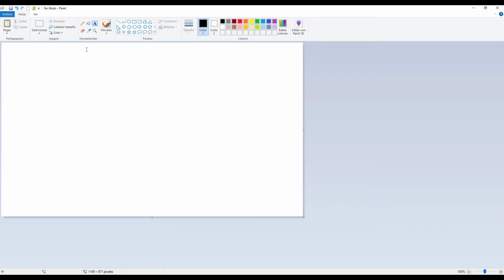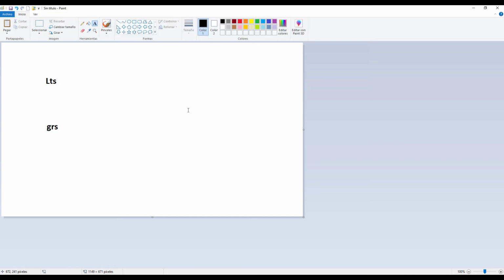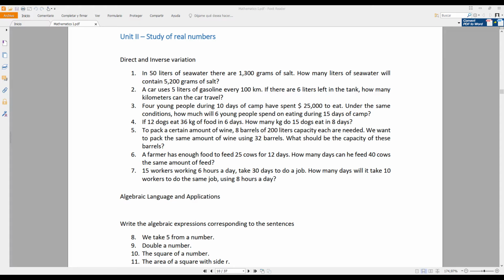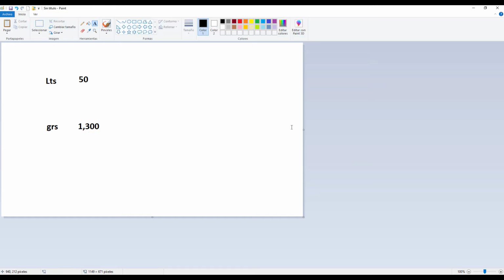So here we'll use liters and grams. What is the information that we know? 50 liters have 1,300 grams.